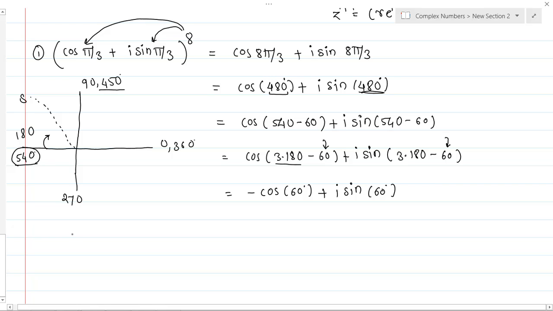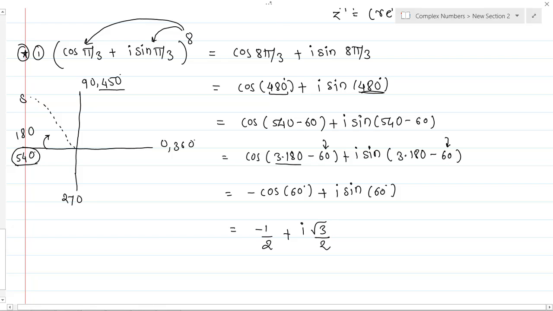Did everyone understand? So what is cos 60? 1 by 2. So it is minus 1 by 2 plus i, what is sin 60? It is root 3 by 2. So the answer to this question, cos pi by 3 plus i sin pi by 3 to the power 8, is equal to minus 1 by 2 plus i root 3 by 2.